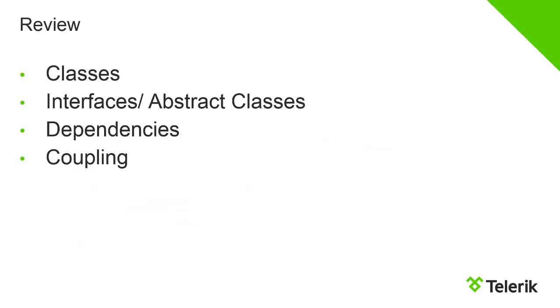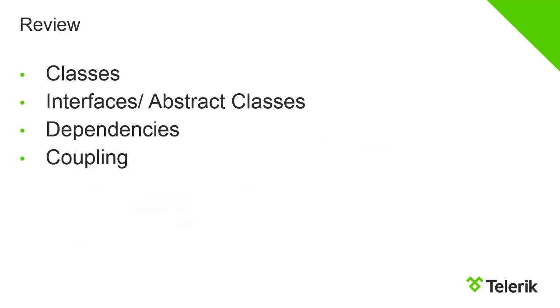All right, so first let's review some of the basic concepts. I'm pretty sure that you're all familiar with at least these things. You know what classes are in at least C# or even in Java. I mean, they're not that different. The scope of the classes can be public, private, protected, internal, all of those. You may be familiar with interfaces and abstract classes.